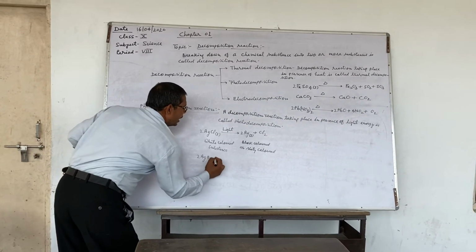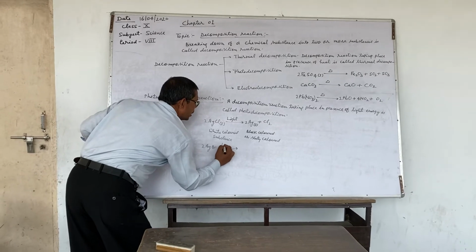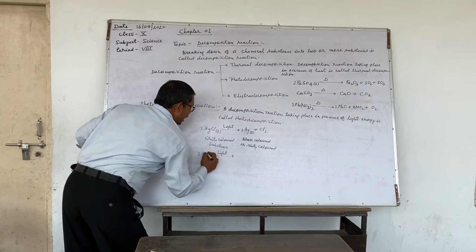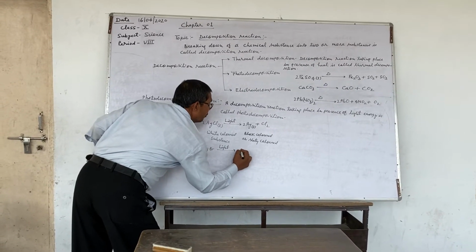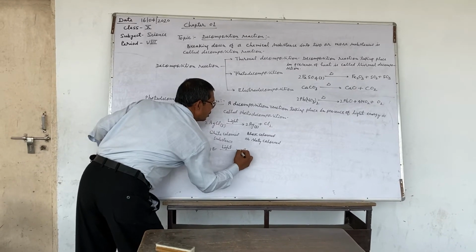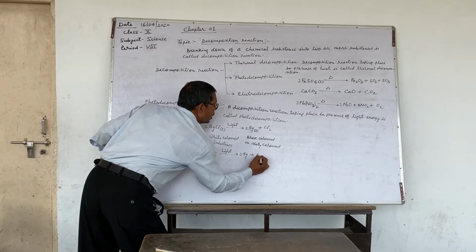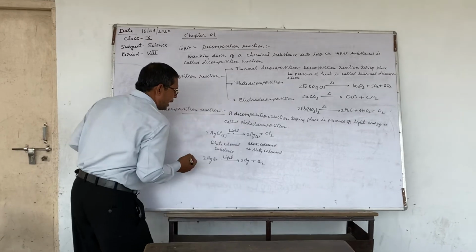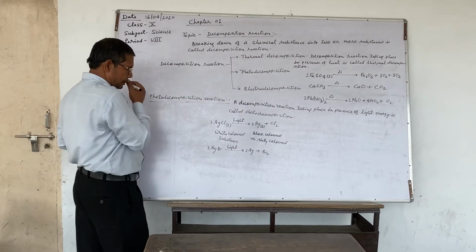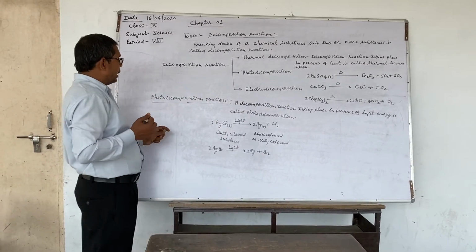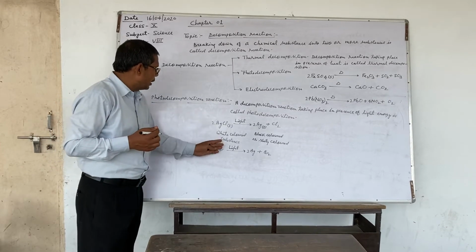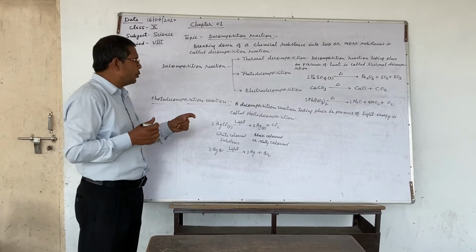When silver bromide is kept in sunlight, we get silver metal and Br2, bromine gas. These two examples belong to photo decomposition.